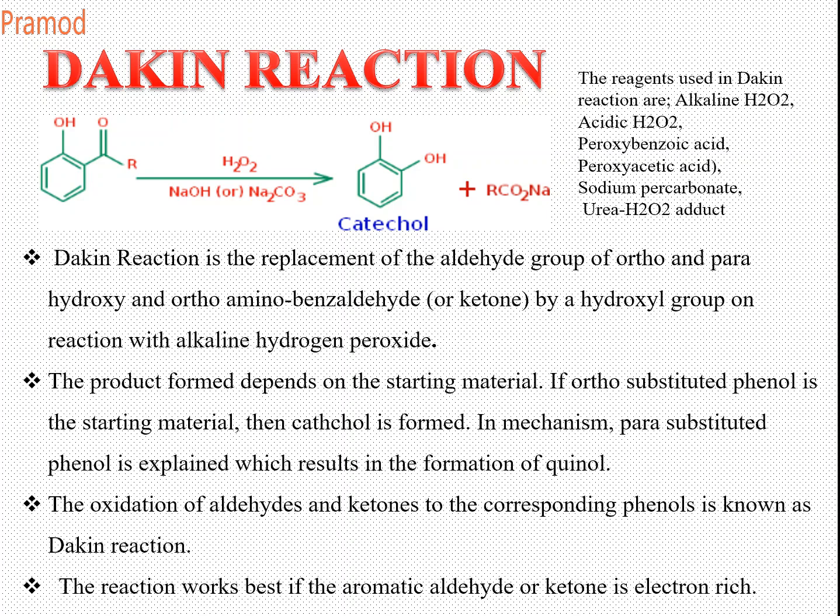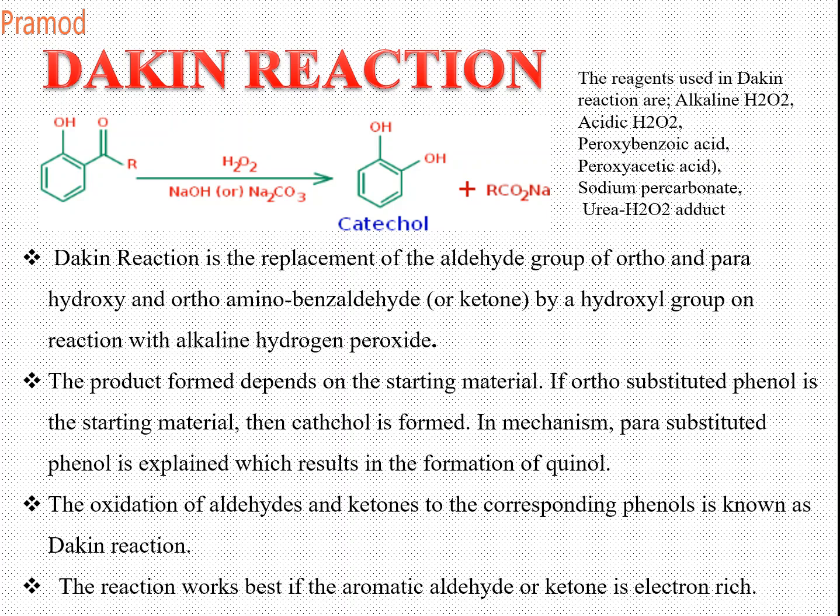In this case, the aldehyde group is converted into an OH group in the presence of alkaline peroxide, acidic peroxide, perbenzoic acid, peracetic acid, or sodium percarbonate, or urea and hydrogen peroxide. So what happens in all these conditions?